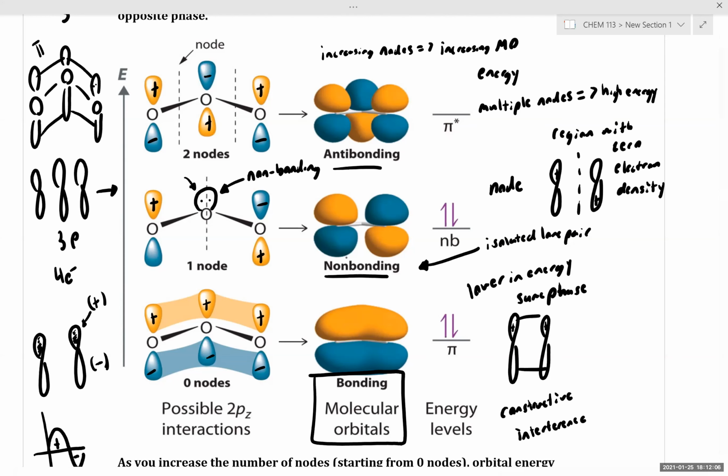Now, once we have our molecular orbitals set up, we then populate them from the lowest to highest energy. So in this case, we fill our lowest energy bonding molecular orbital or orbitals first, then the non-bonding, and thankfully the antibonding molecular orbital is empty.